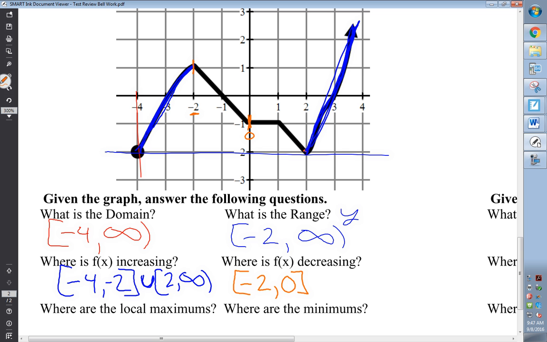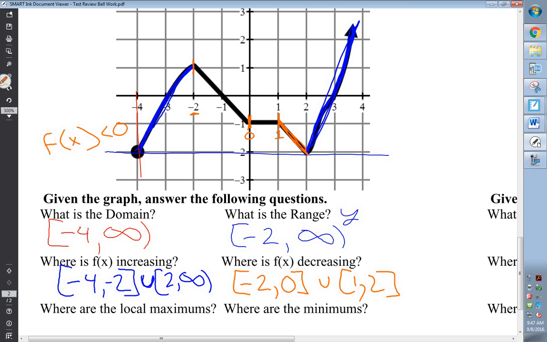It's not decreasing from 0 to 1. There's one interval. Do you have any other intervals, Craig? From 1 to 2. This section of the graph right there is also decreasing.